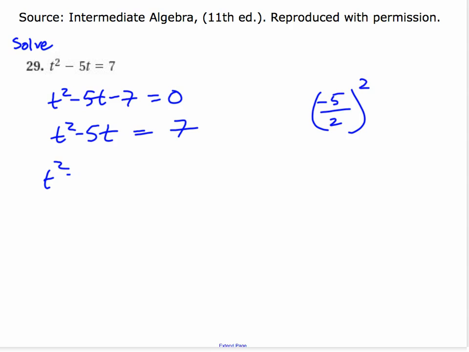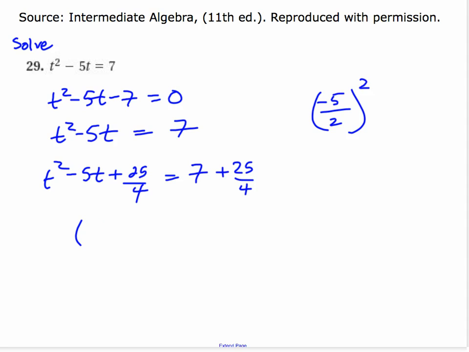So I'll get t squared minus 5t plus whatever this comes out to, 25 over 4, is equal to 7. Now I added 25 over 4 here, so I've got to add 25 over 4 on that side.